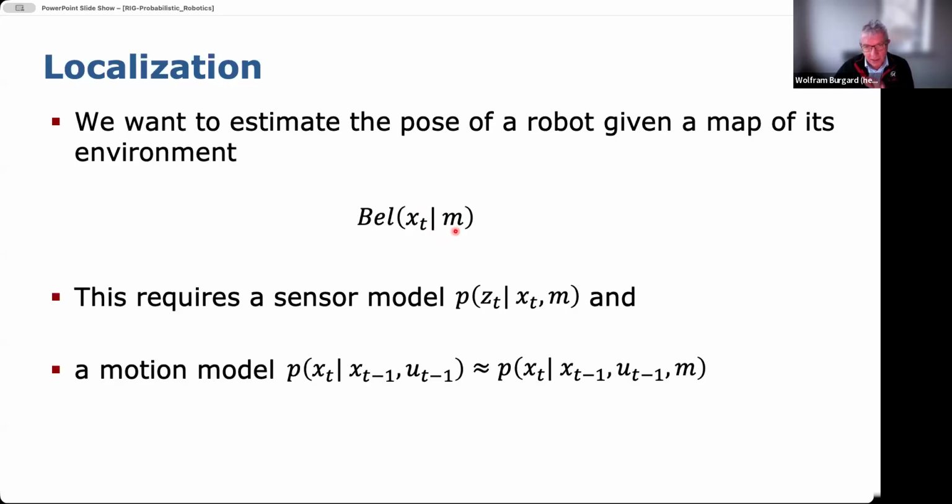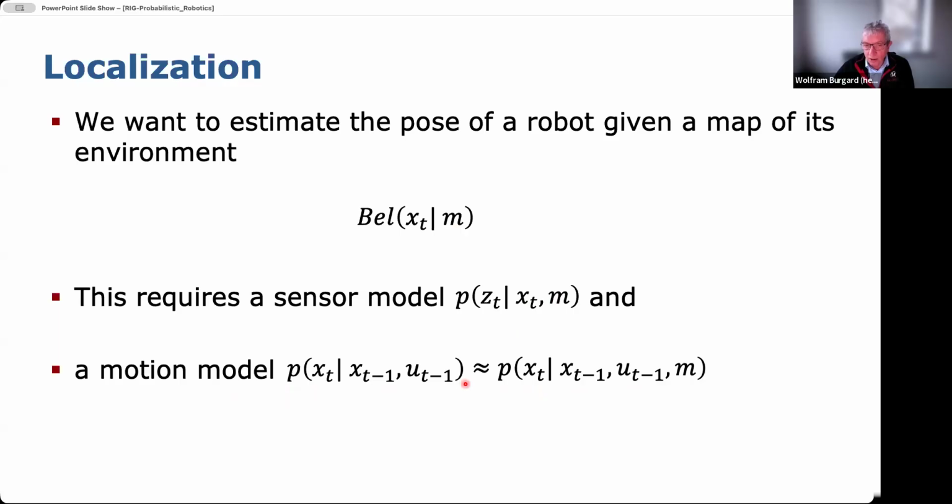But in order not to mess up the equations, we can also just drop it and assume that throughout the localization process, there is always a map given. That also means that our sensor model is P of ZT given XT and M, and typically we would also assume this to be true for the motion model.